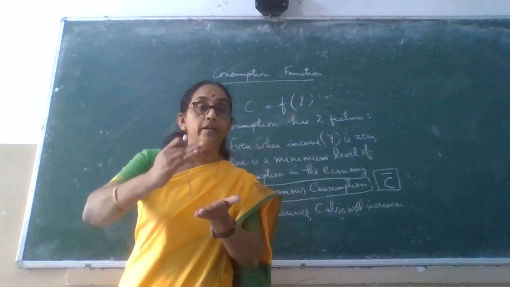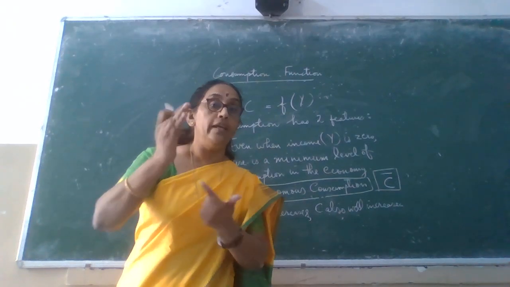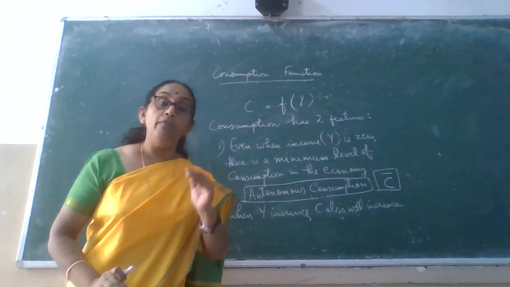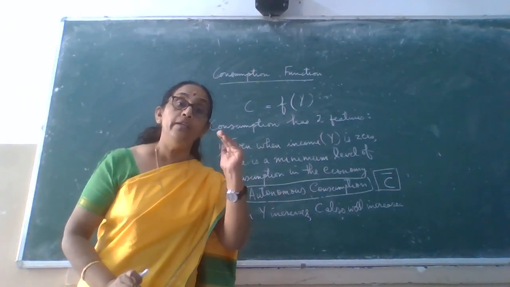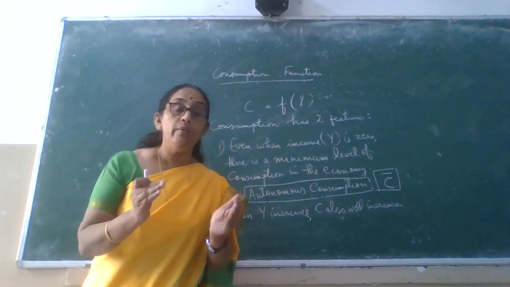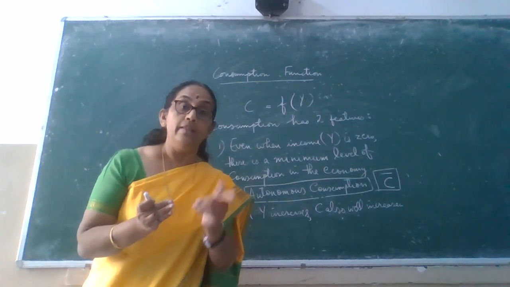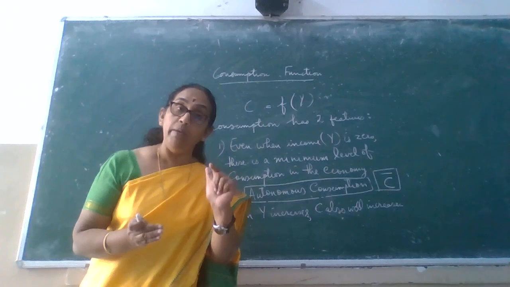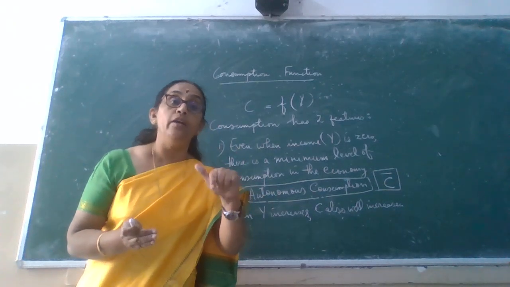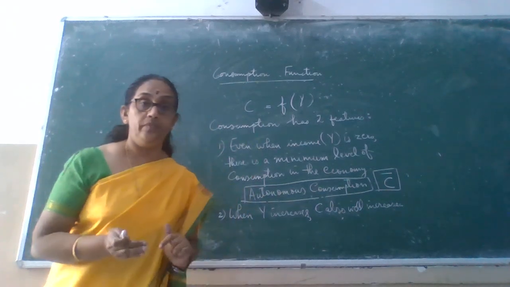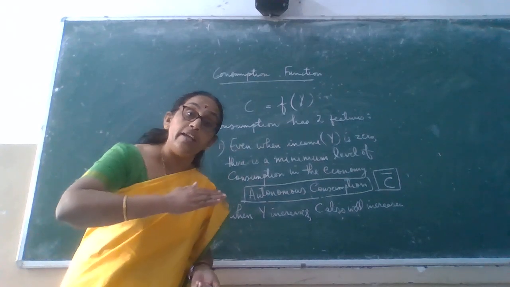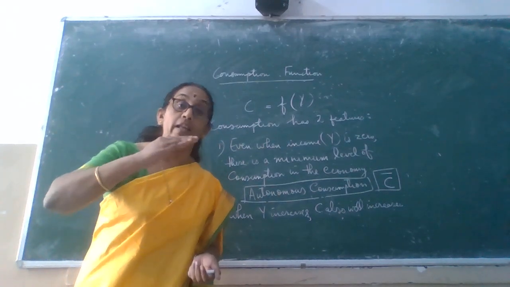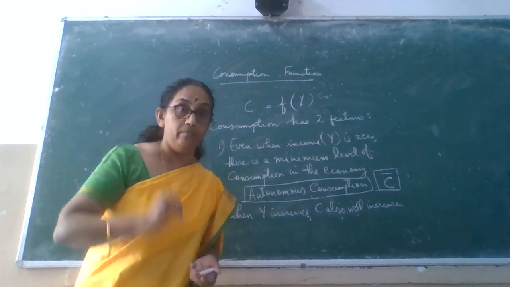But one point of concern is after a certain level of increase in income, the economy starts saving. That means the consumption level in the economy will be less than proportionate to the increase in income. The income will increase at a particular speed, but the consumption also will increase, but lesser than the increase in income.